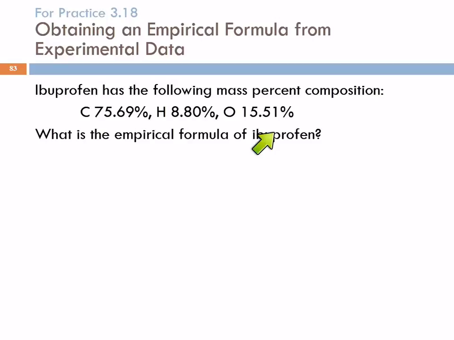Because if we had a 100-gram sample, there would be 75.69 grams of carbon. And the thing about percent compositions and chemical formulas, they are intensive properties. They do not depend on the amount of substance. Ibuprofen is 75.69% carbon, whether you have a handful of it or a semi-truck full of it.